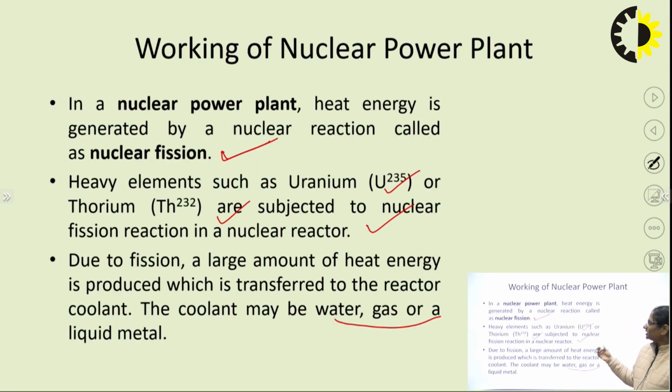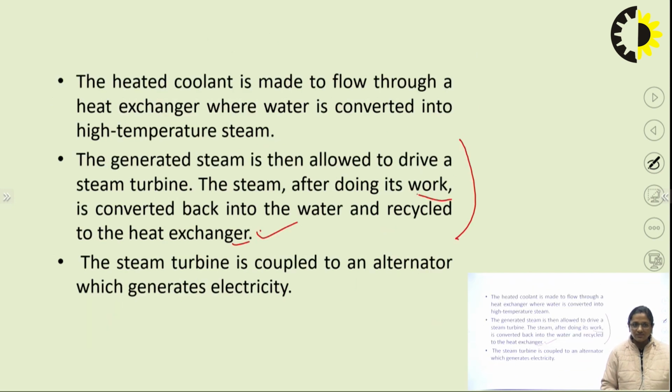The nuclear potential energy gets converted to heat or thermal energy. That thermal energy actually raises temperature of water and converts it into steam. That energy contained in the steam is converted into the mechanical energy with the help of the turbine, and the mechanical energy output of turbine is given as input to the generator to convert this mechanical energy into electrical energy.